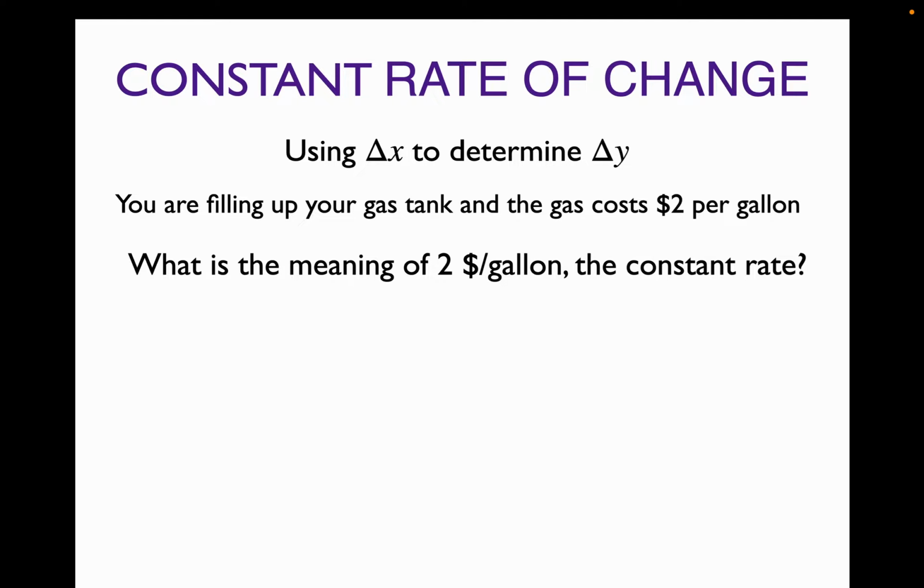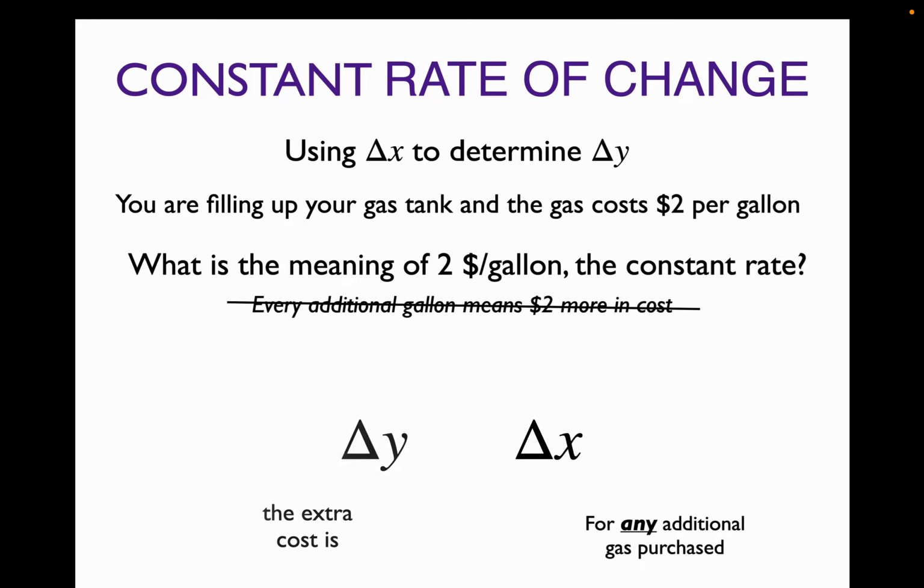But more than that, for any extra number of gallons, however many it is, whole number, fraction, probably decimals on the gas pump, if I multiply by 2, I get how many dollars those extra gallons of gas cost. Whether it's an increase of an extra 0.7 gallons or 14.8 gallons or whatever it is, multiply by 2, and I get the extra cost associated with them, right?